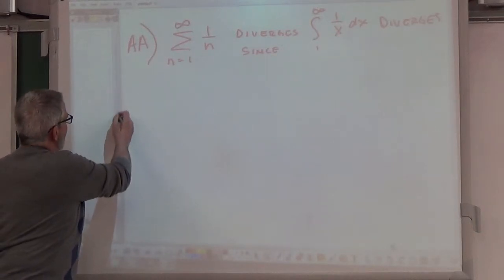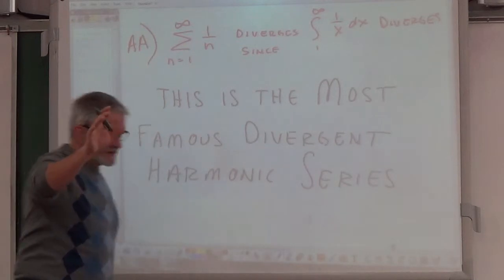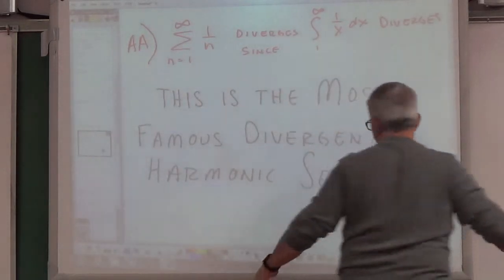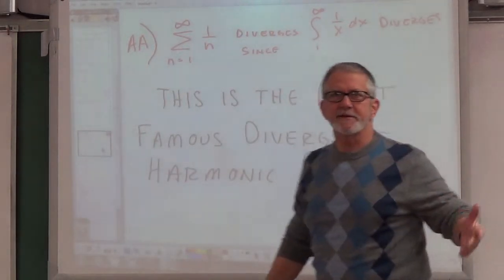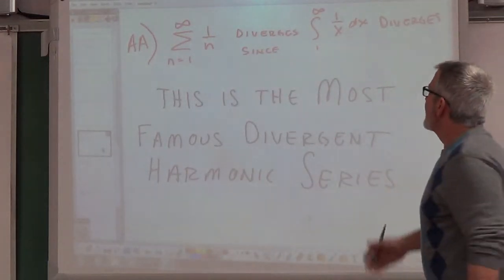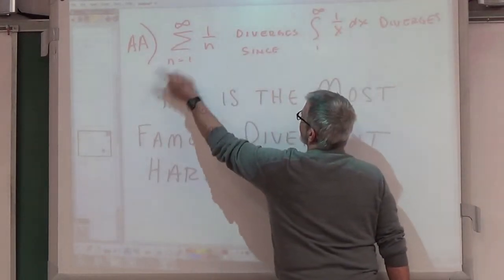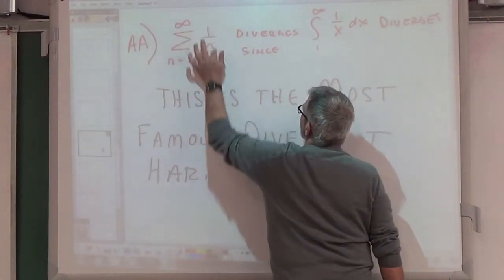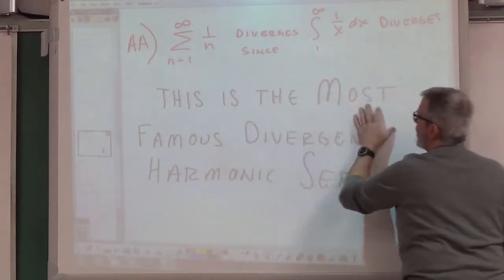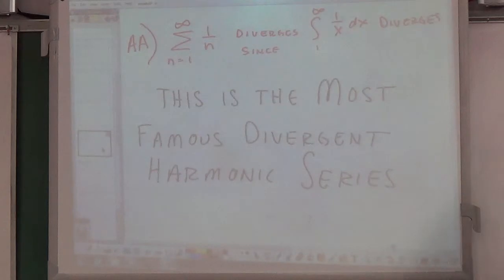Let's go to our next example. Oh, before I go to the next example, we should talk about this series. This is the most famous divergent series: the series from n equals 1 to infinity of 1 over n, the harmonic series.